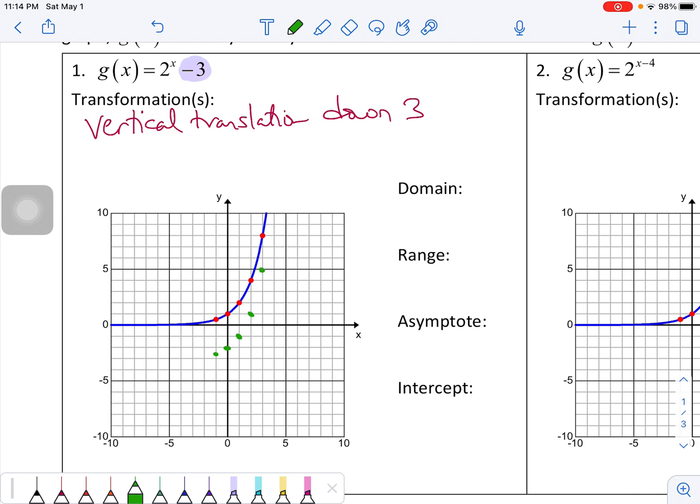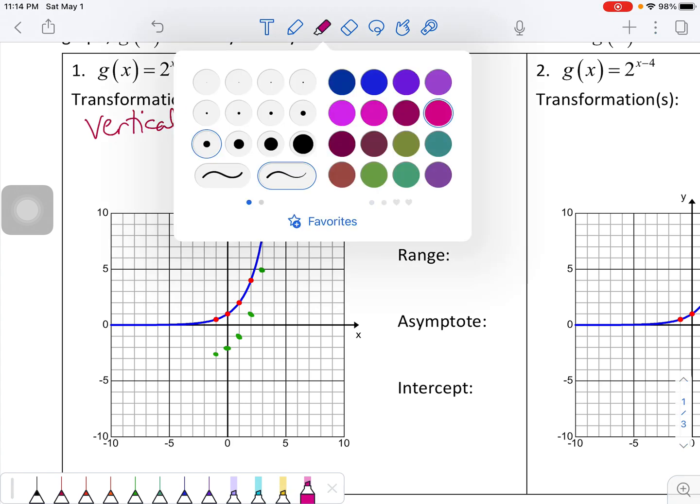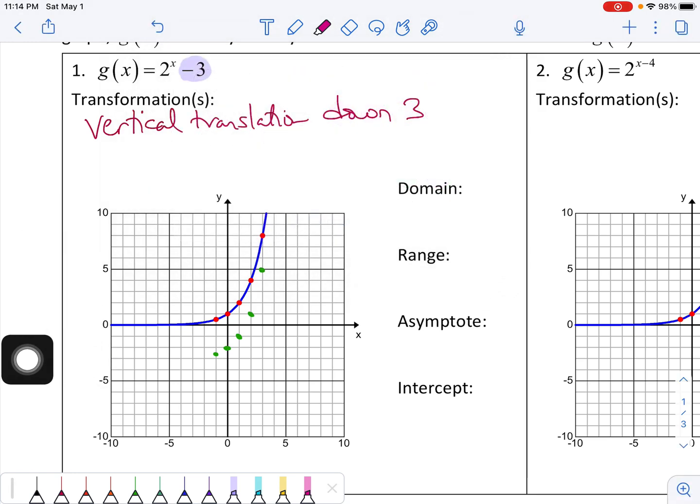Now, there's one other piece of information that I'm going to add before I draw my entire curve. And I'm going to put it in highlighter here, but I'm going to go pretty thin. This exponential function right here, this 2 to the x function, has a horizontal asymptote right here. And I'm going to draw that in highlighter.